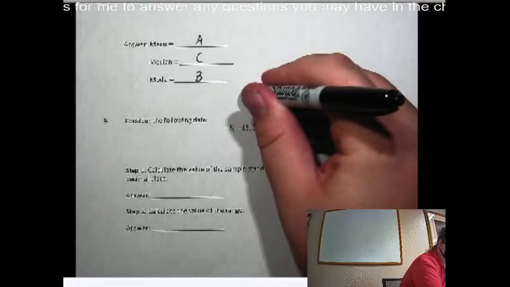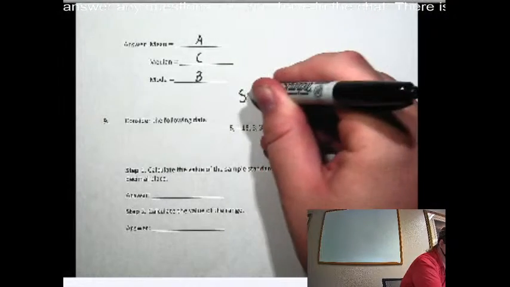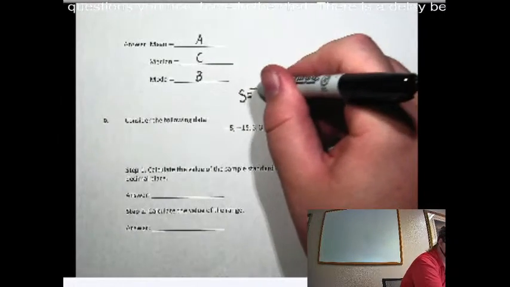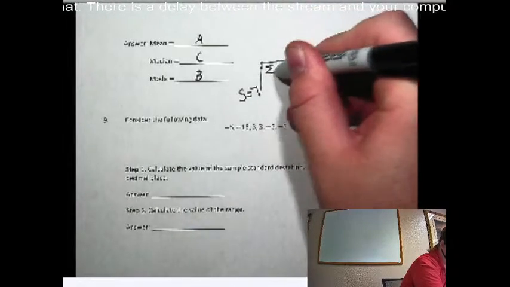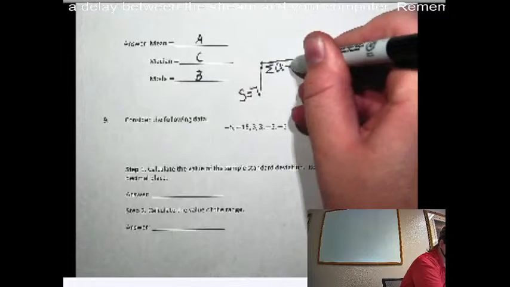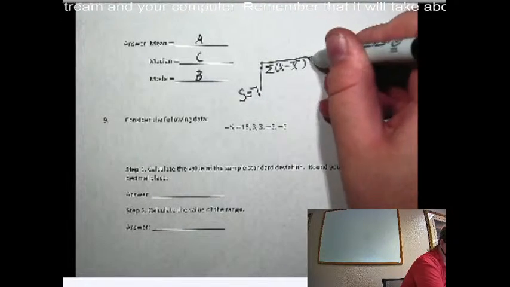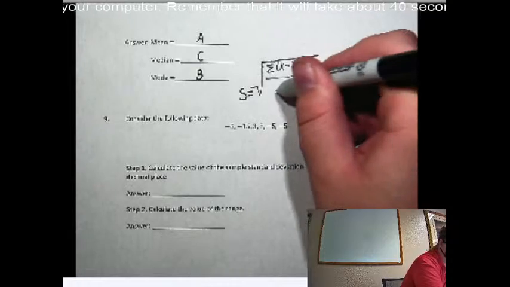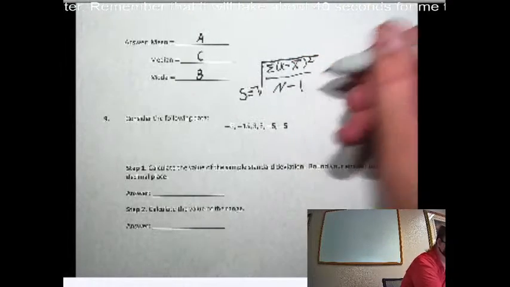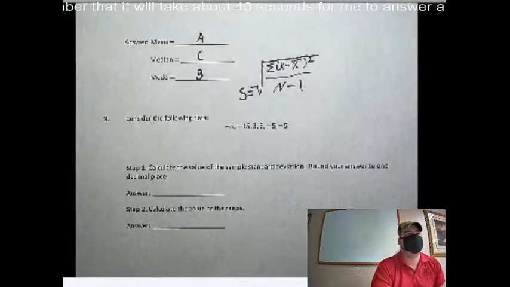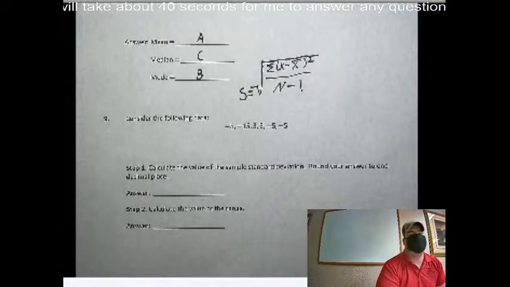Okay, so sample standard deviation is S equals the square root of the sum of x minus x bar squared over n minus 1. Okay.